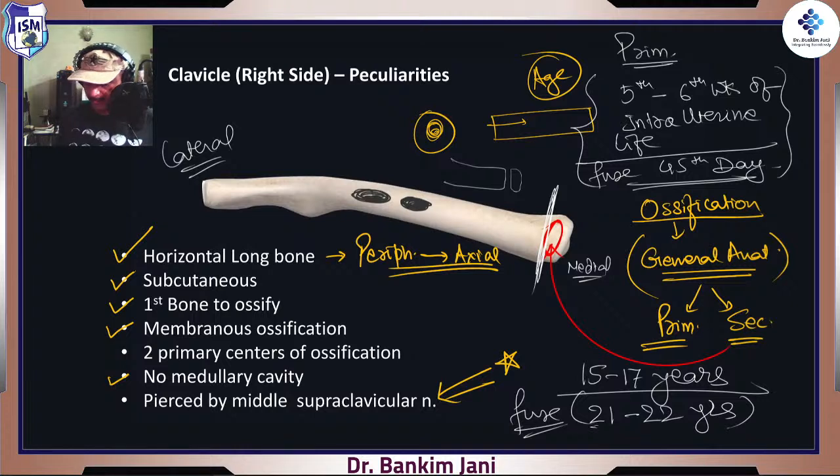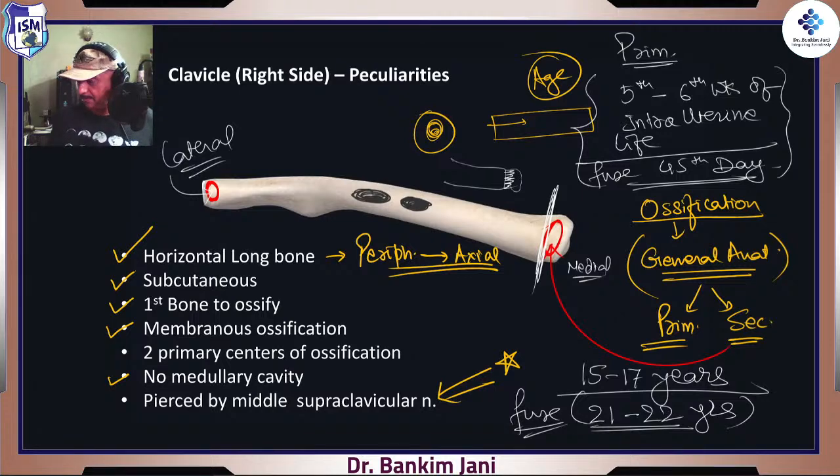By the time you reach the age of 22, this would fuse, and then it is just one complete clavicle. In some cases, you might see one more secondary ossification center over here, on the lateral aspect, but not in every case; it is seen only sometimes.